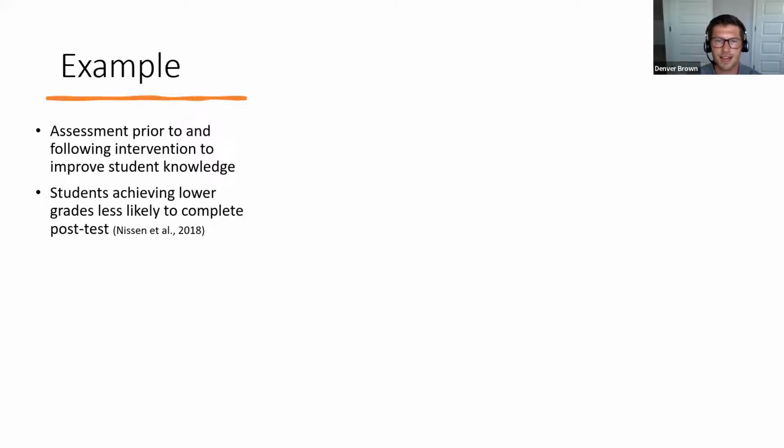We could think of the same being in a resistance training study, as Dr. Swin and James were talking about earlier. We already know from previous data that students achieving lower grades are less likely to complete a post-test. So how can we handle this so that our post-test results aren't skewed or biased?